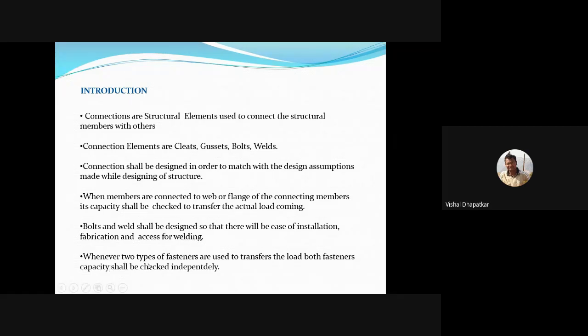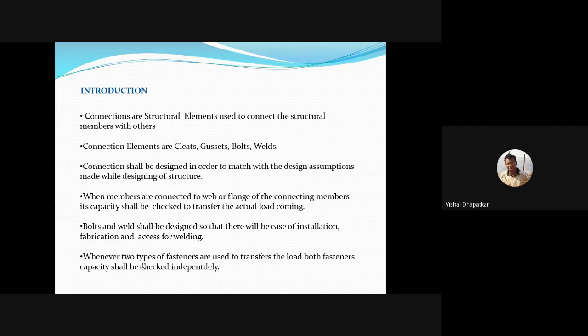Whenever two types of fasteners are used to transfer the load, both the fasteners' capacity shall be checked independently. So in case of shear connection or any connection, whenever some of the cleat angles or gusset plates are welded to the connecting member, and the other member is bolted to that gusset plate, in that case we are using two fasteners. One is bolt and the other is weld.